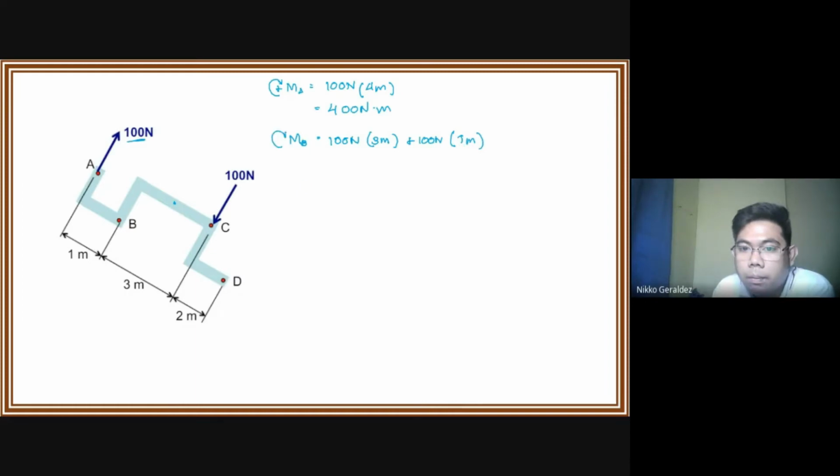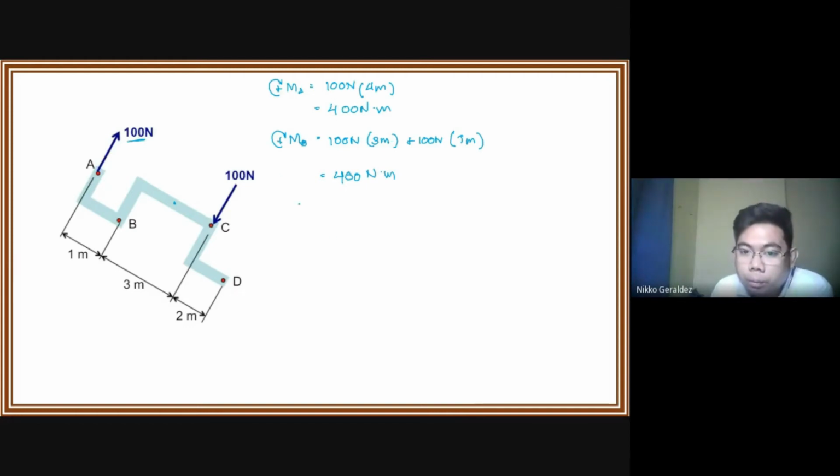Clockwise is positive. So what is the couple moment? 100 times 3 plus 100 times 1 is 400 Newton meter still. So it's the same.